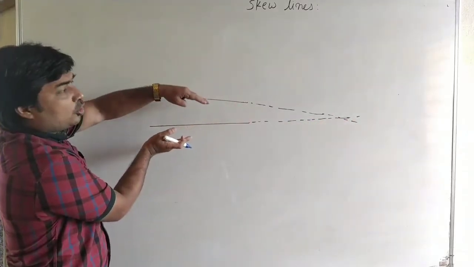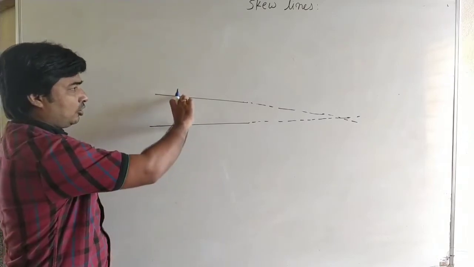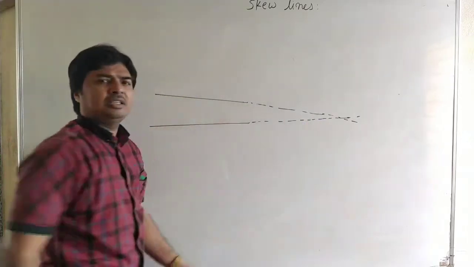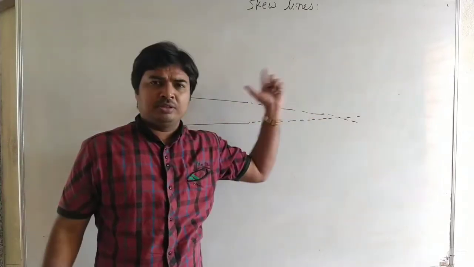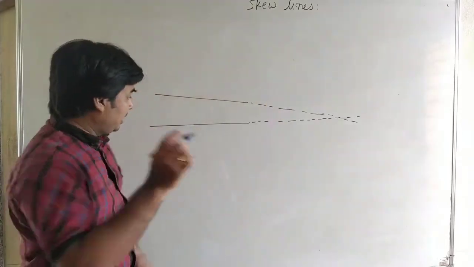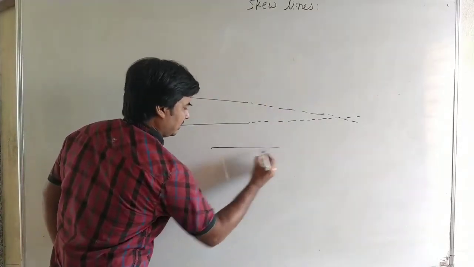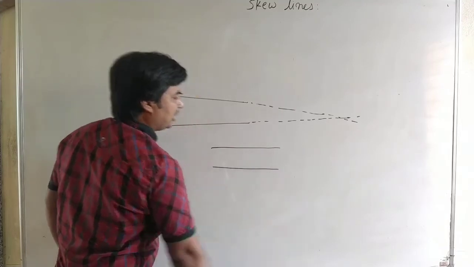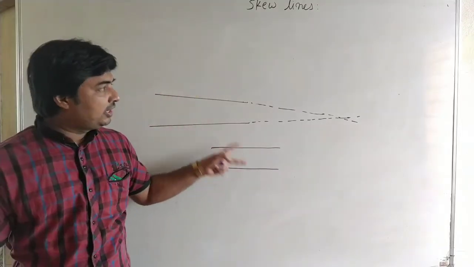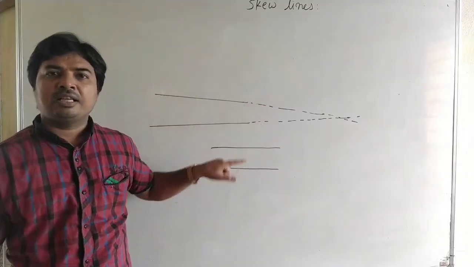If the lines are not parallel, then the lines intersect at a point in a plane. If lines are parallel, then the lines do not intersect. If lines do not intersect, then the lines are parallel.